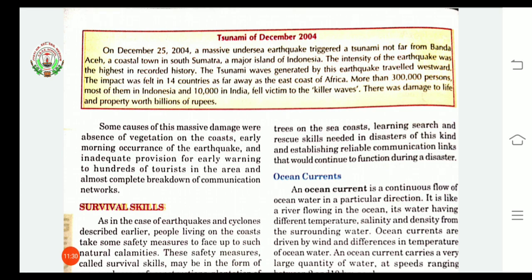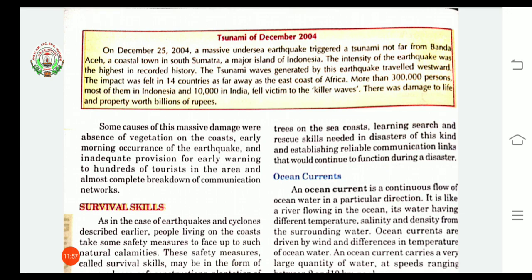Third is inadequate provision for early warning and hundreds of tourists in the area. What happened on that day, 25th December 2004, many tourists were there, in the hundreds. They did not have the provision or facilities to warn the tourists about the tsunami.